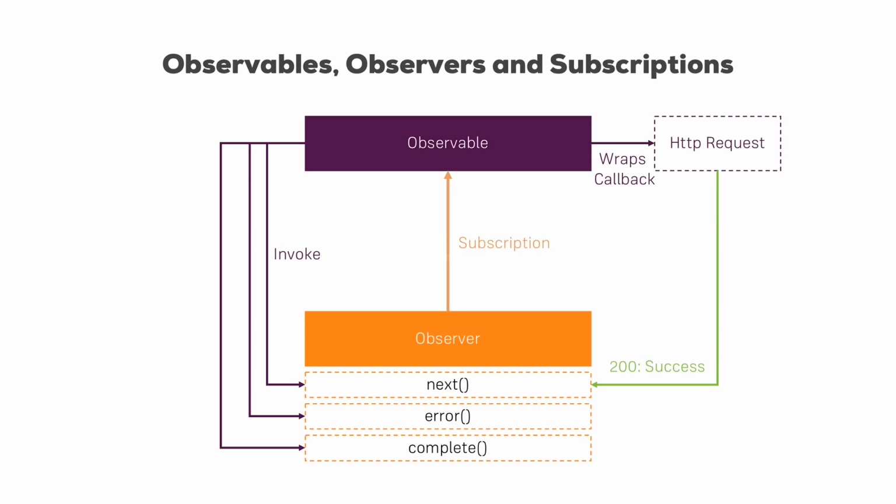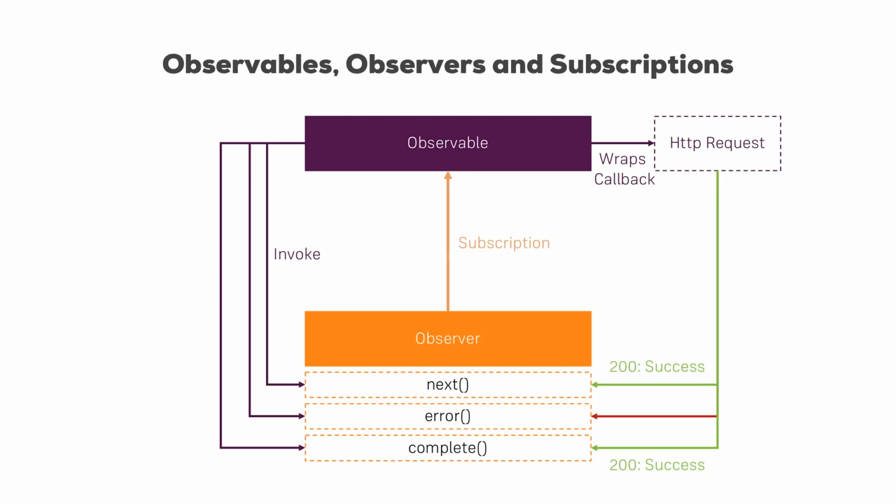And that is essentially what we could do. We could also complete the observable once the response is there, because of course if the response is there, this HTTP request will not yield any other responses. As I said, it could also fail. And that is how we could manage such a HTTP request.